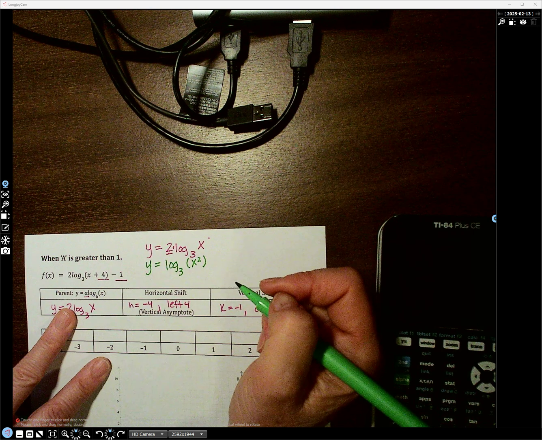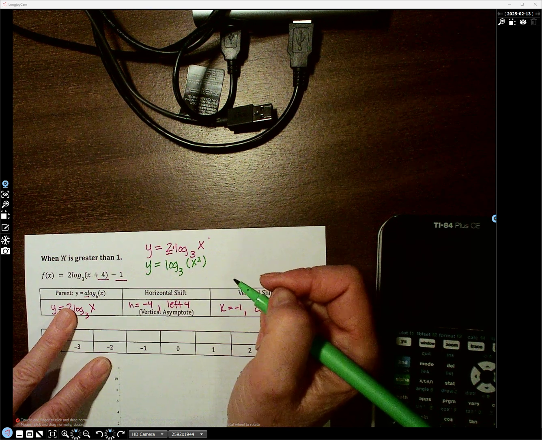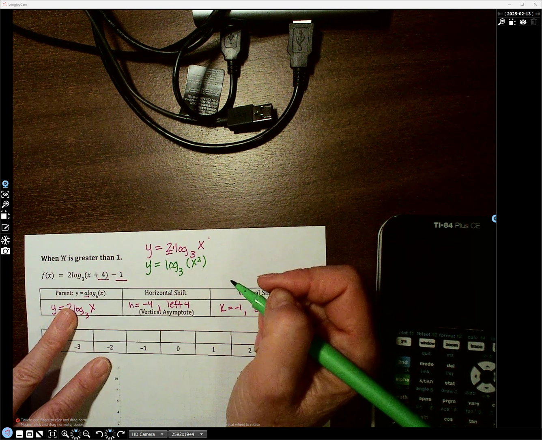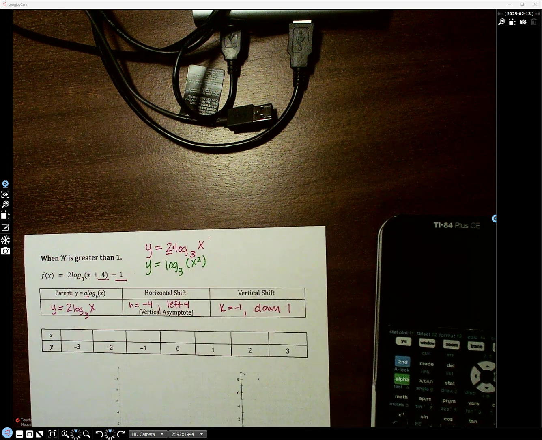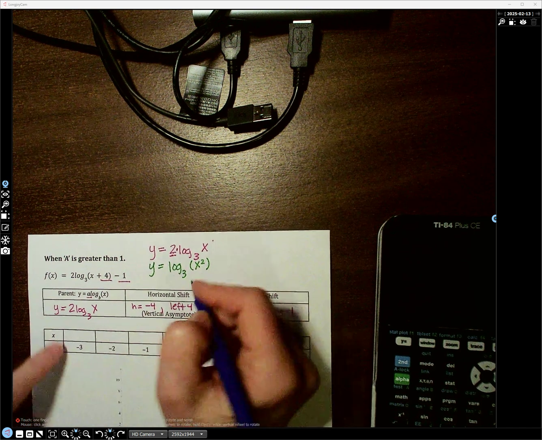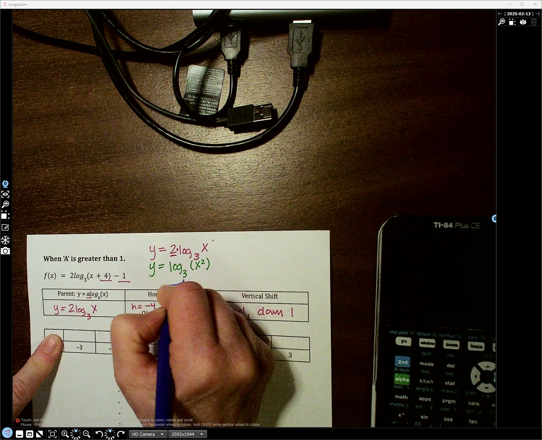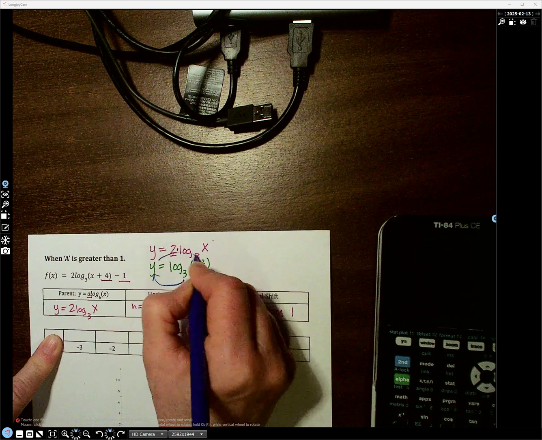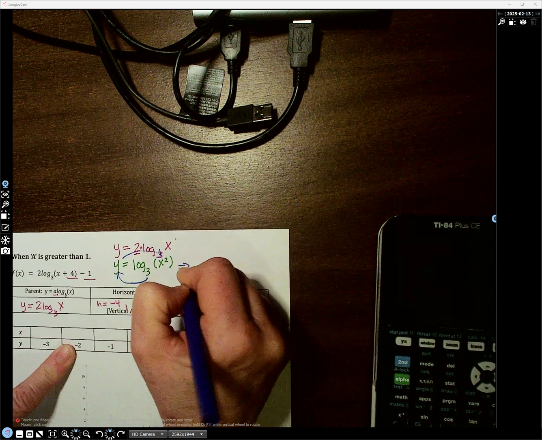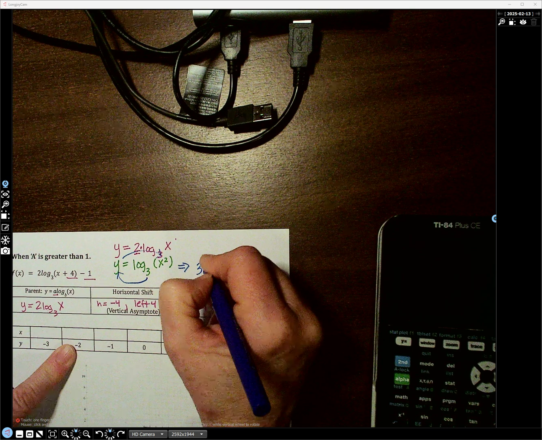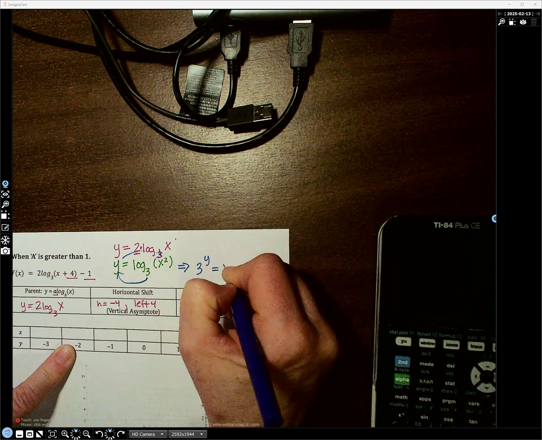Okay? Now, we're going to rewrite this function. We're going to say, start with base 3 to the power of y equals x squared. So now we've got 3 to the power of y equals x squared.